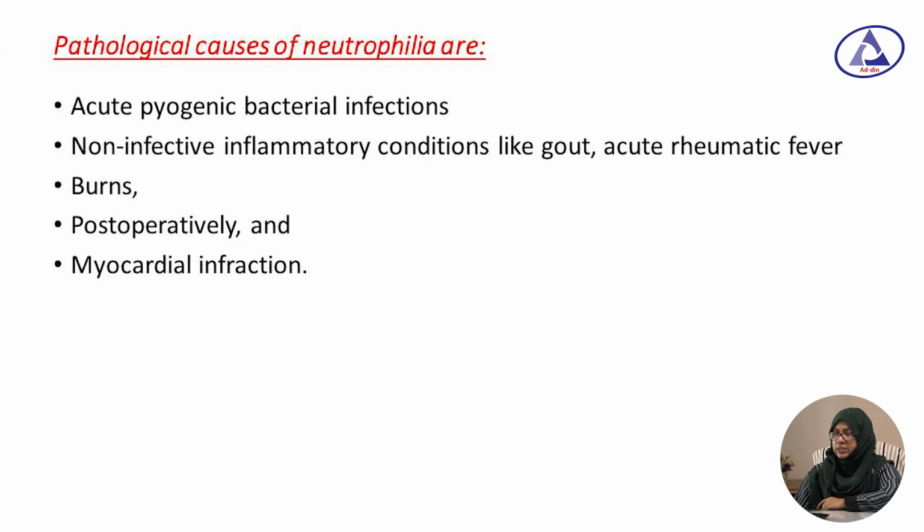Pathologic neutrophilia occurs in acute pyogenic bacterial infection, non-infective inflammatory conditions like gout, acute rheumatic fever, burns, postoperatively, and myocardial infarctions.